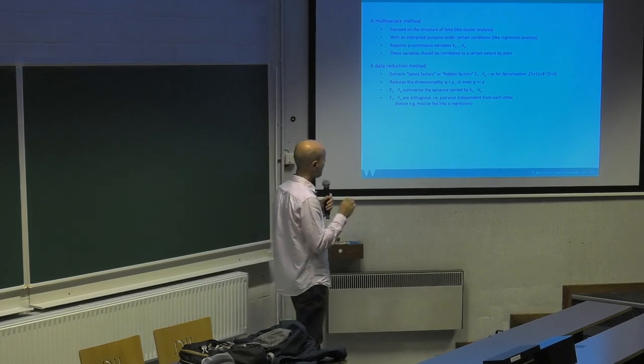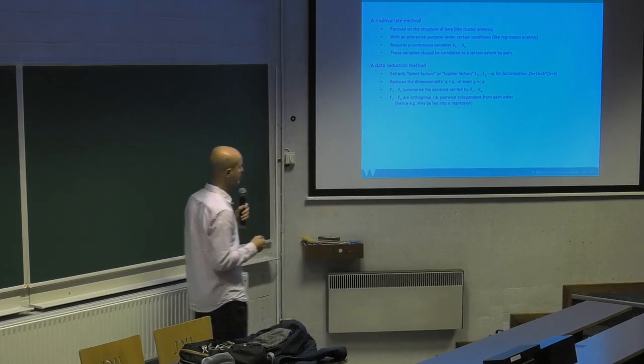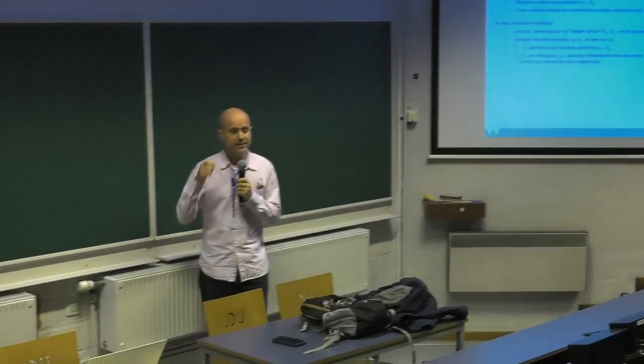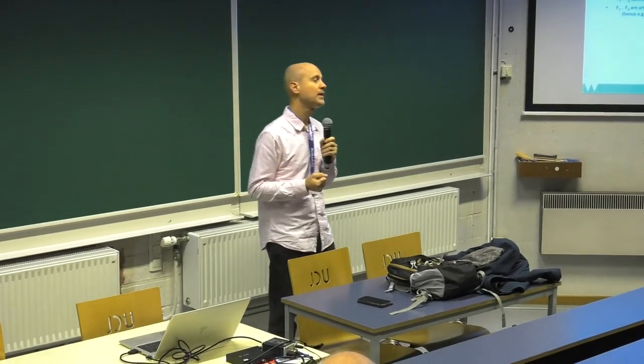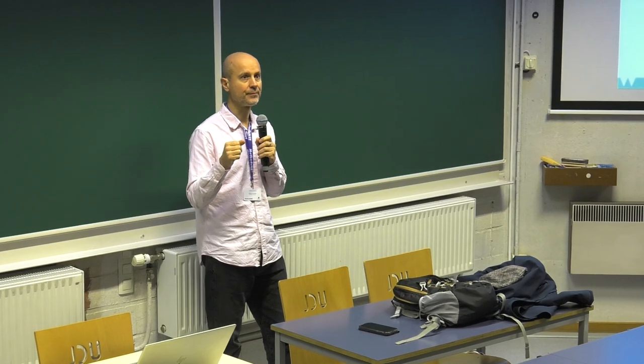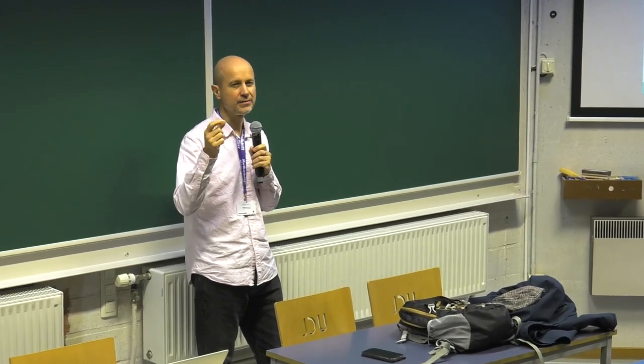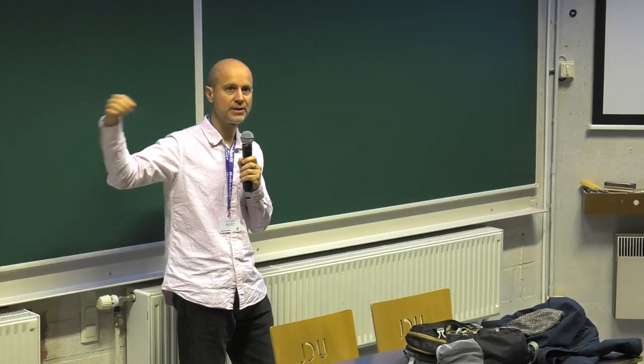Okay, so the F's summarize the variance carried by the V's, and by construction, the F's are orthogonal by pairs, pairwise. Okay, which is interesting because when you want to fit that into regression models later, then orthogonality is something interesting.